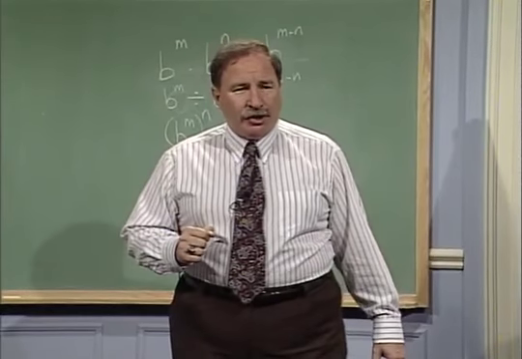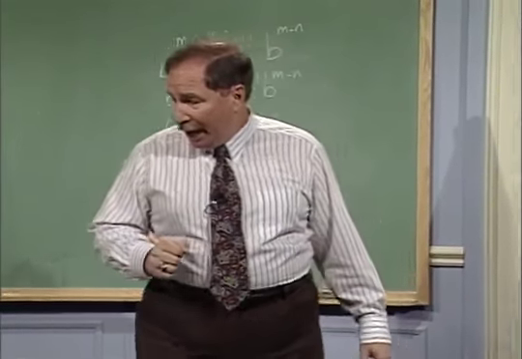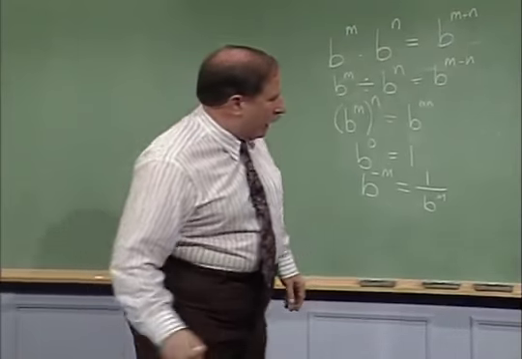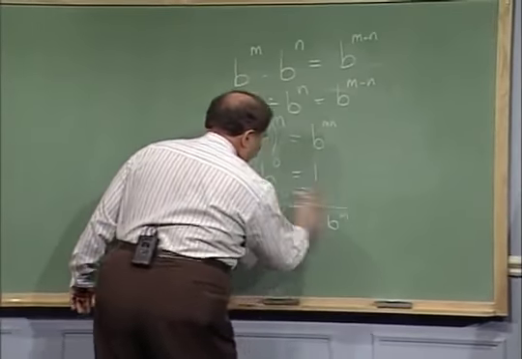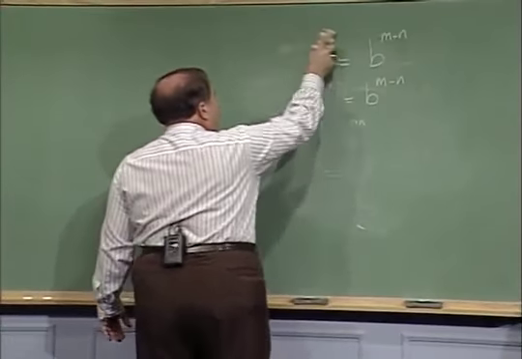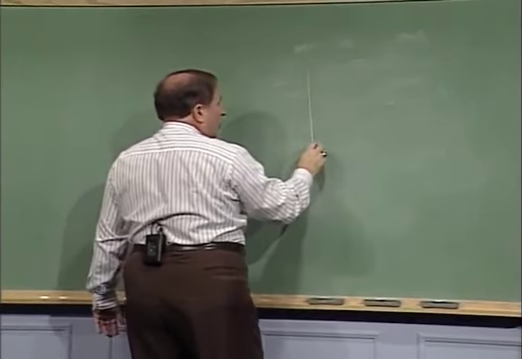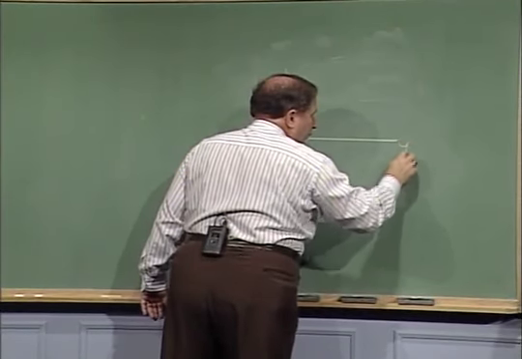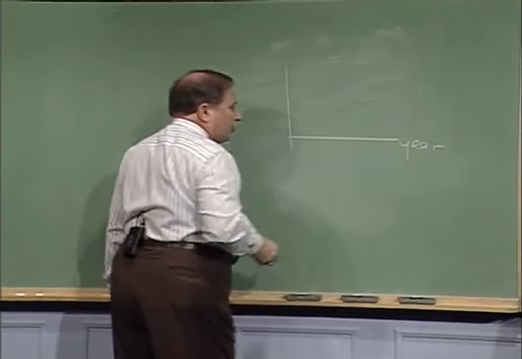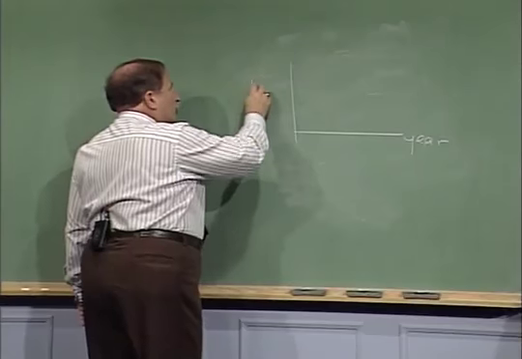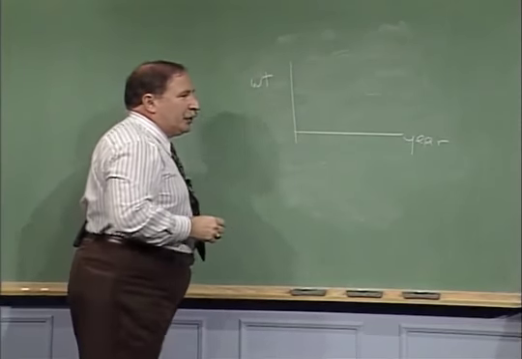Let's talk about that, for example. In fact, let's go to the board and see if we can demonstrate that. Let's erase all these rules. Hopefully you now have them. And basically what we have with half-life is this: the x-axis is year or time, and this is the weight of the radioactive material.